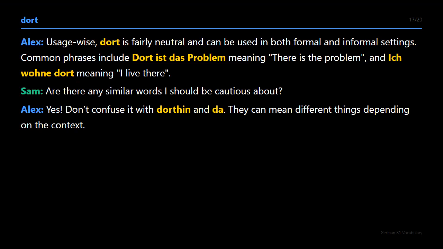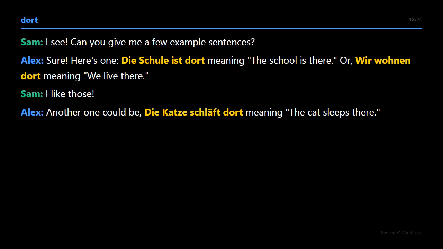Yes. Don't confuse it with dorthin and similar words. They can mean different things depending on the context. I see. Can you give me a few example sentences? Sure. Here's one, Die Schule ist dort, meaning the school is there.